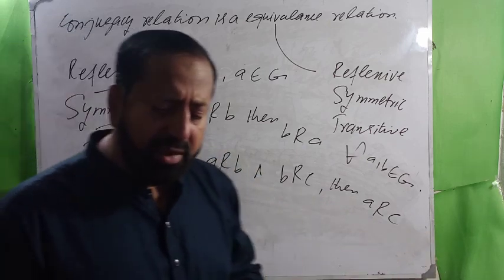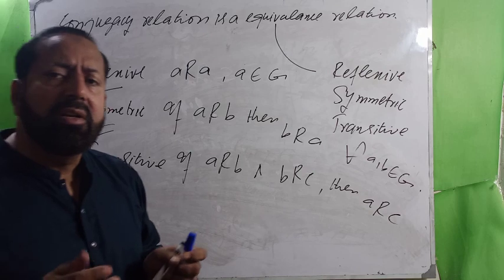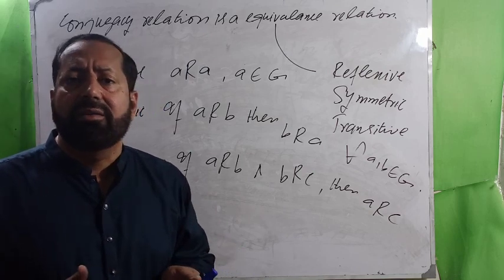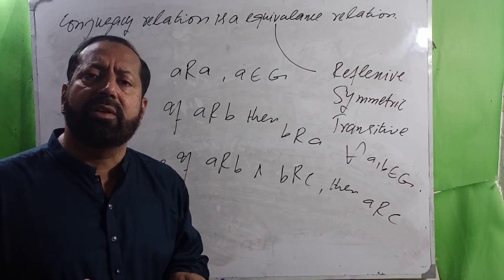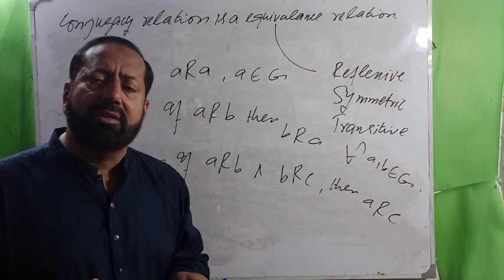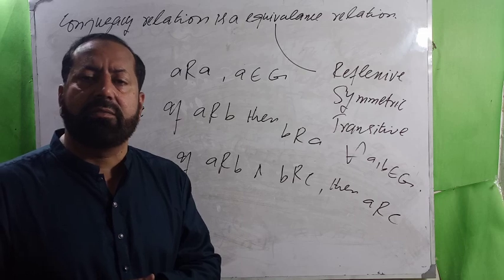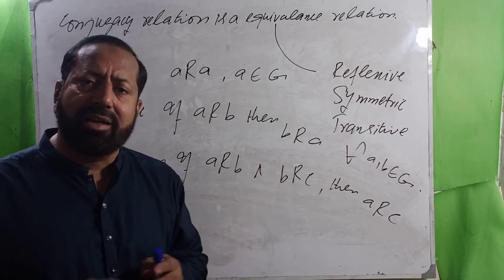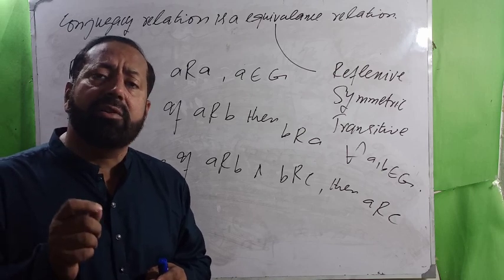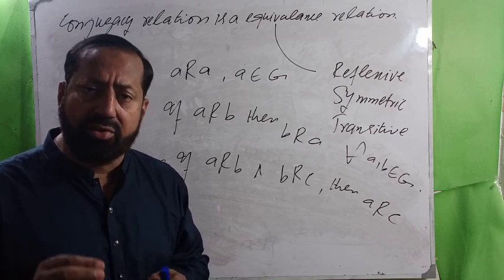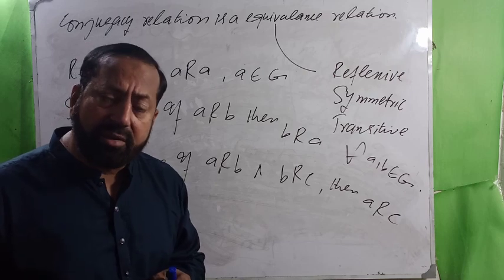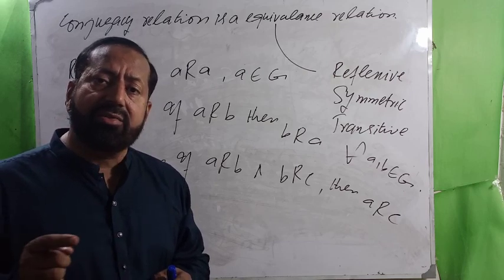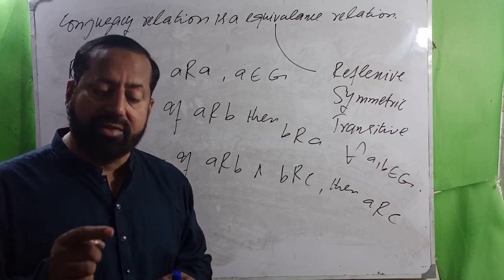Now we will prove that the conjugacy relation between the elements of a group is an equivalence relation. So to prove equivalence relation, you must show these three properties: that this relation between the elements is reflexive, and this relation is symmetric, and also this relation is transitive.